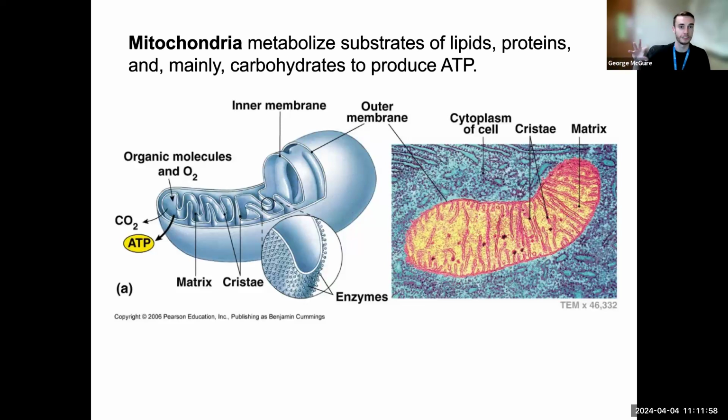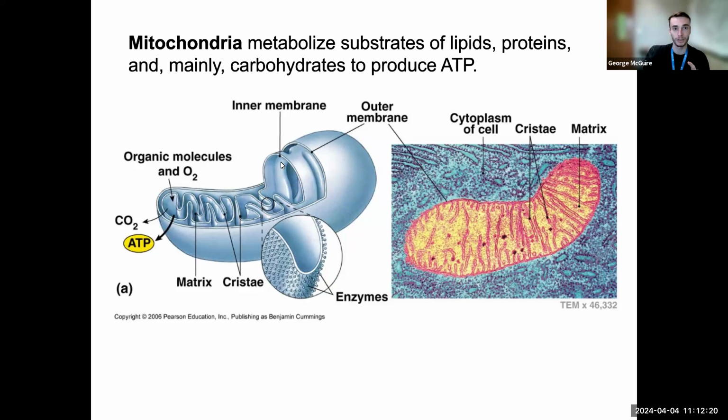They were their own bacterium-like organisms. And so at some point in early evolutionary history of life, a larger prokaryote basically endocytosed, it engulfed this smaller prokaryote. And rather than destroying it, that prokaryote survived.